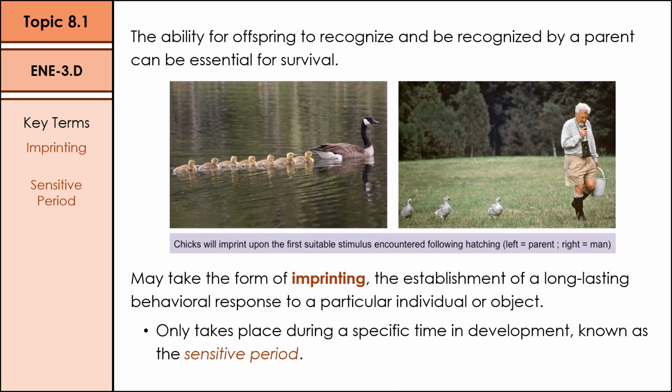And if they don't see the parent first, we don't get the same response. Instead, they will follow what they see first. So we have some examples of people being what these baby geese have imprinted upon, and so they will follow them around, which just sounds adorable.